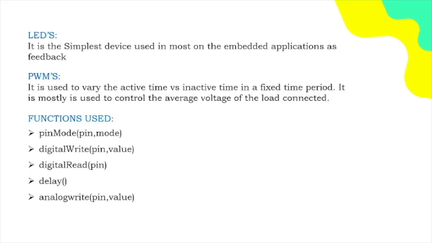So LEDs: it is the simplest device, which is used most in embedded applications as feedback. Second one is PWM. It is mostly used to vary the active time versus inactive time in a fixed time period. It is mostly used to control the average voltage of the load connected. So the various functions used are pinMode, digitalWrite, digitalRead, then delay and analogWrite.